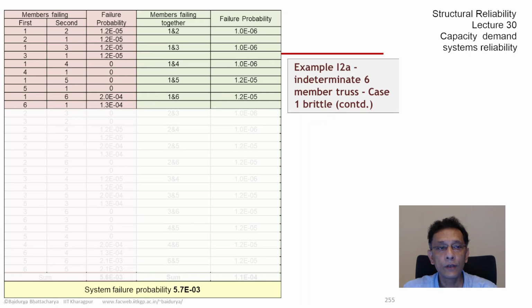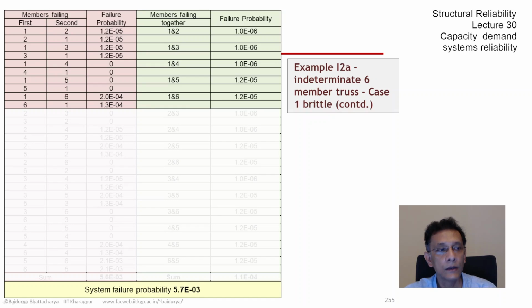Here we see for the first time an unsymmetrical situation. So 1 then 6 and 6 then 1 do not have the same probabilities. So that's why if we have a cut set, we need to find out which ordering of those members in that minimal cut set need to be looked at, and others may be ignored.